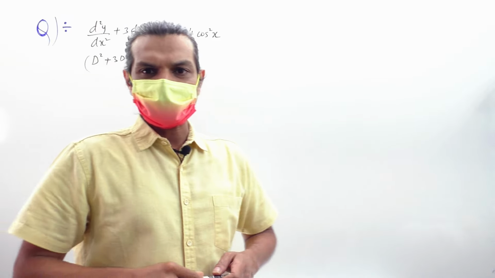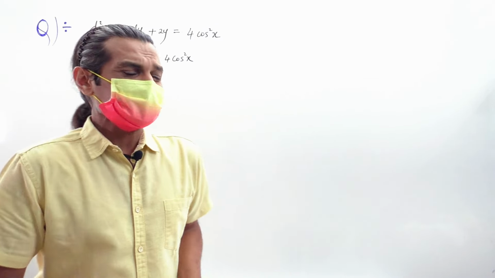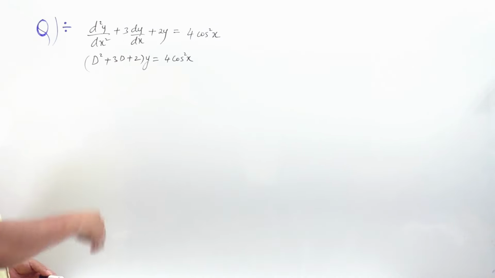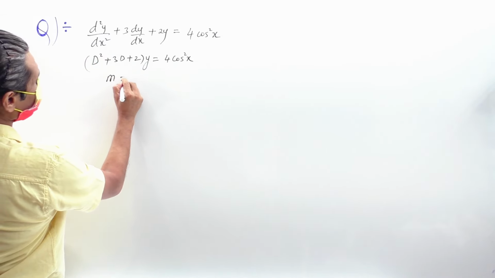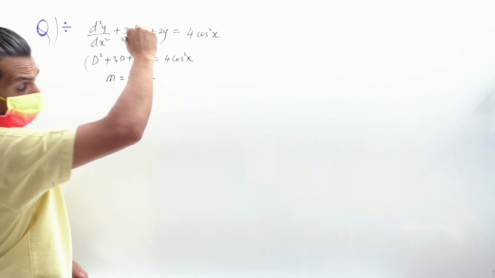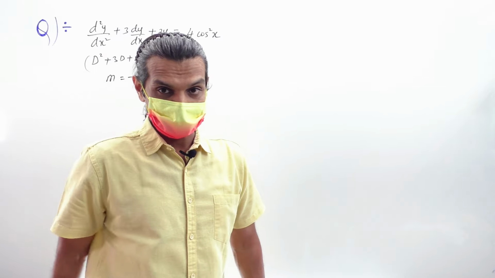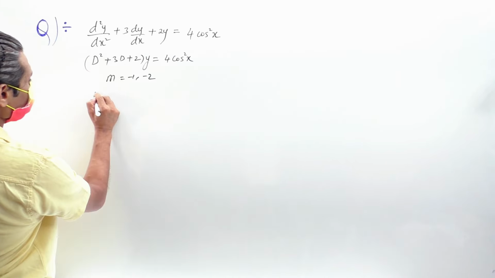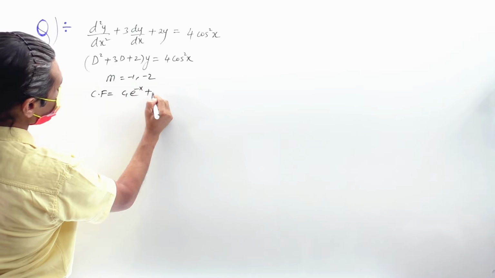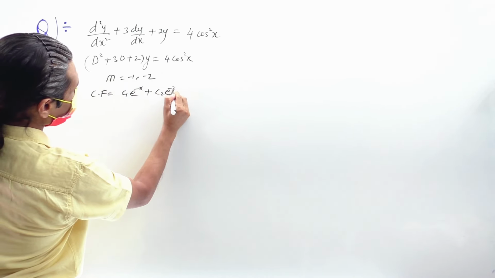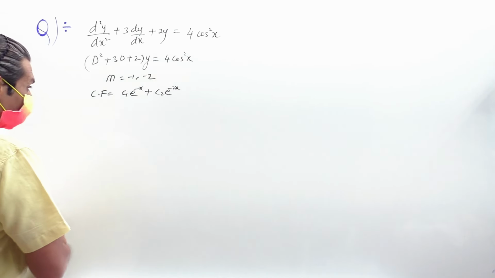I think it is a very simple factorization and finding the roots is very easy here. You may all know this, m is equal to minus 1, minus 2. Roots are really distinct, so the CF will also be very easy. The complementary function will be C1 e raised to minus x plus C2 e raised to minus 2x. Right? Fine. Now let's underline this.